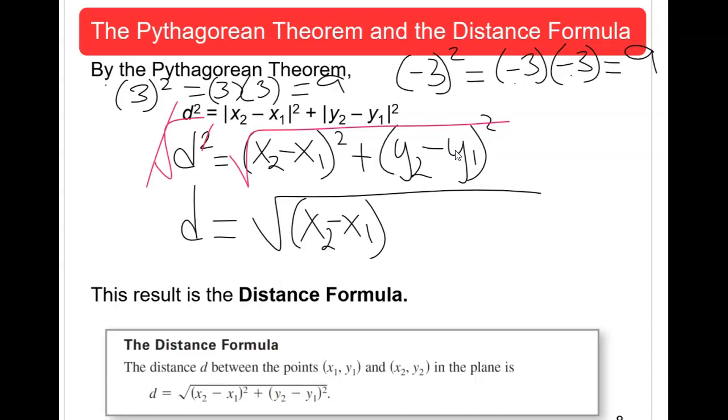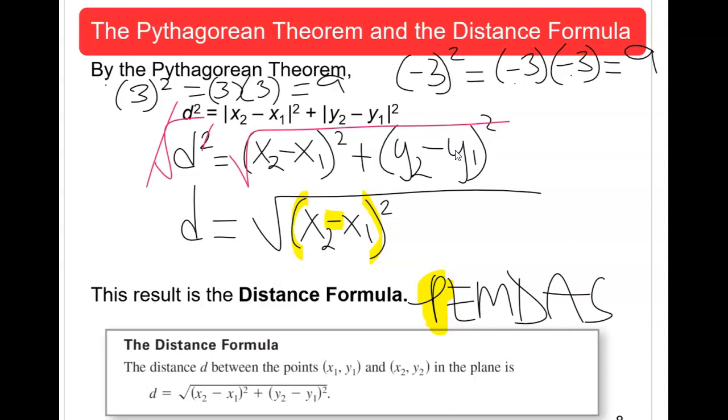plus (y sub 2 minus y sub 1) squared. And remember, when you are working with this type of problem, you have to follow the order of operations. So before you square anything, you must take care of the parentheses. You have to do what's inside the parentheses. In this case, it will be to subtract those two numbers.